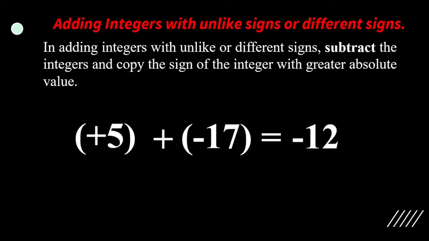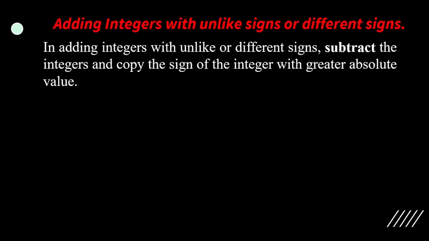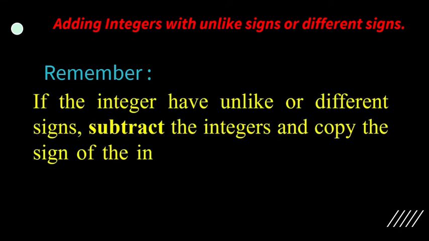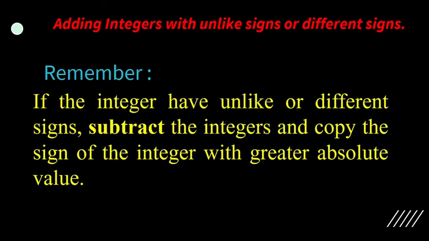So remember, aside from adding integers with unlike or different signs using number line, algebra tiles, and counter chips, remember the steps: if the integers have unlike or different signs, subtract the integers and copy the sign of the integer with greater absolute value.